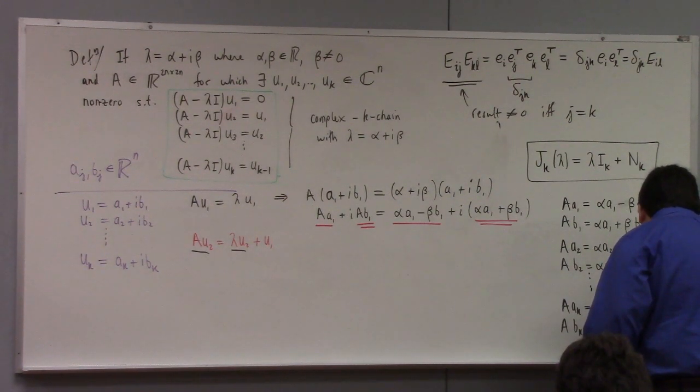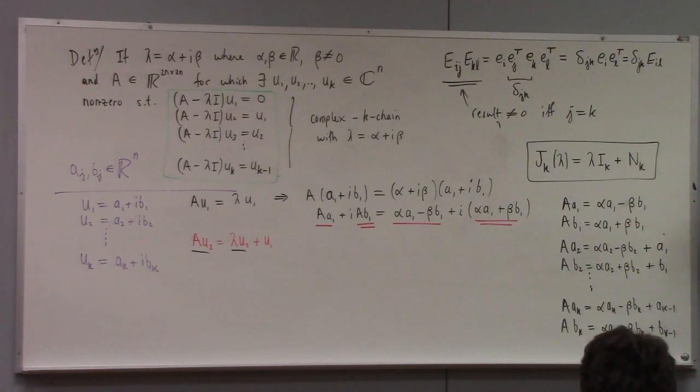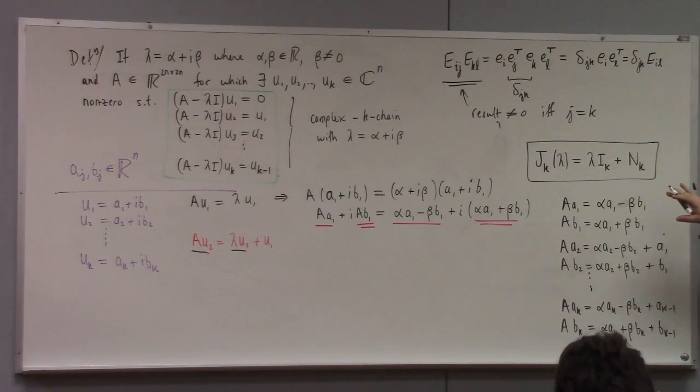No, K minus 1. Yeah, K minus 1, B K minus 1. All right, great. So when we study the formulas that we get for the matrix A with respect to the real and imaginary parts of the complex eigenvectors in the generalized eigenchain, those are the conditions we get.